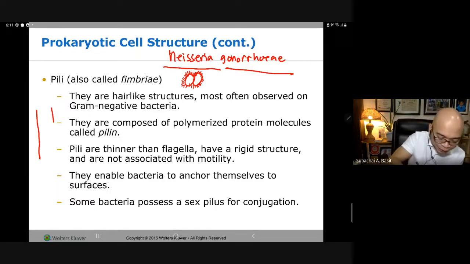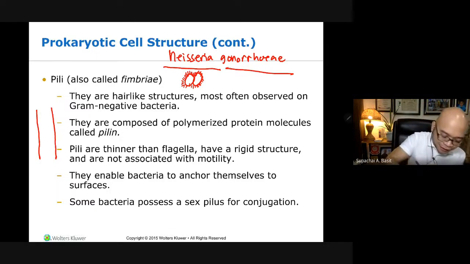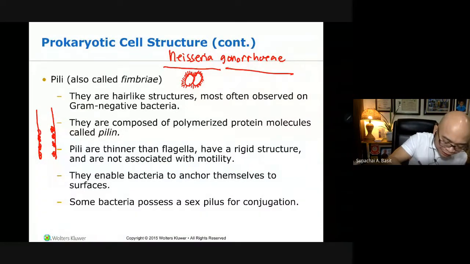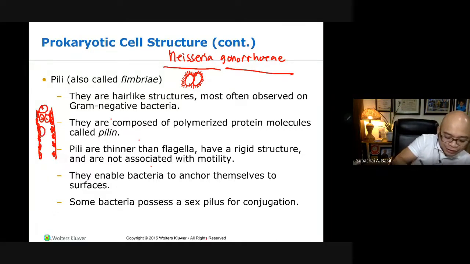Because of the pili and fimbriae, Neisseria gonorrhoeae can attach themselves to the urethral lining. Our WBC neutrophils will try to phagocytize them in the urethra, therefore there would be pus.